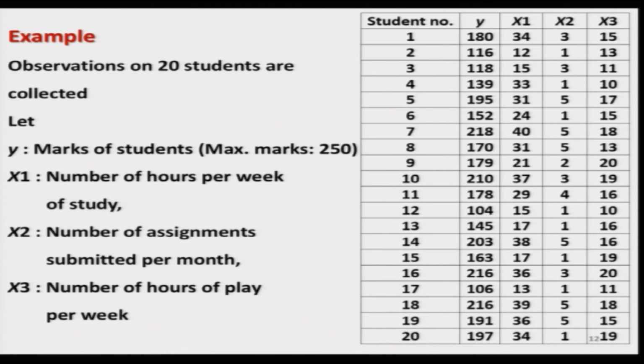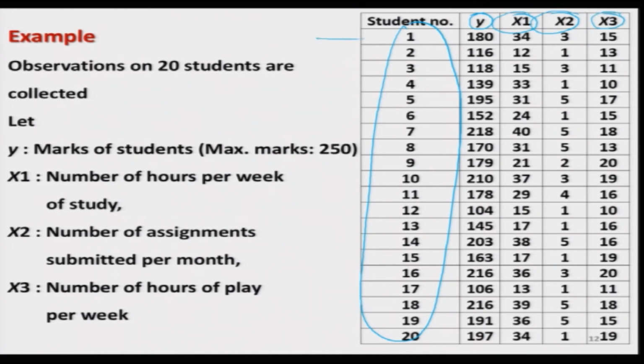Now, I try to show you how you can implement it in the R software. I am using here the same data set which I used in the earlier lectures, a data of 20 students in which we have collected their marks, indicated by Y. These marks are supposed to be dependent on 3 variables, say x1, x2, x3, which are the number of hours per week of study, number of assignments submitted per month, and number of hours of play per week.